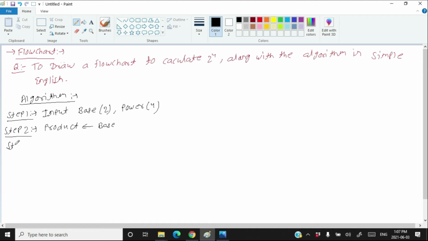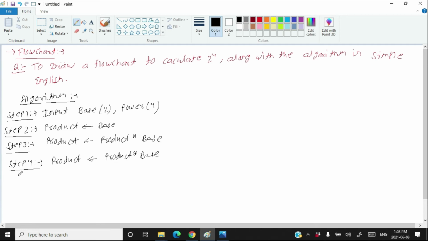Then you have step 3. Step 3 is product multiplied by base. We have multiplied the base and product. Got it? Maybe you are not getting it right now, but I will explain how it is working finally. So step 3 is this. After that, you have step 4. In step 4, again you are calculating product is product multiplied by base.